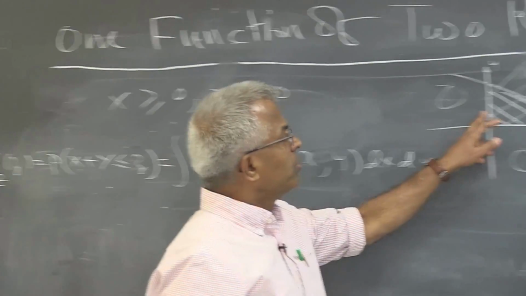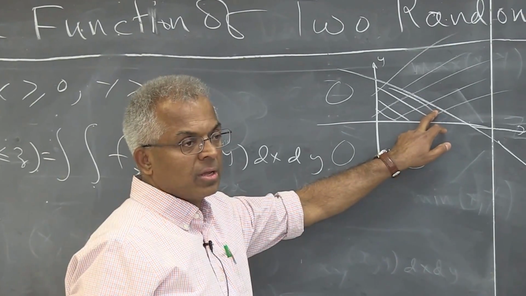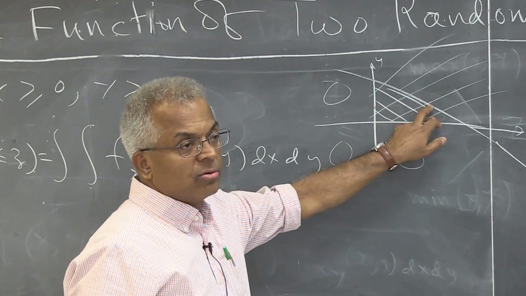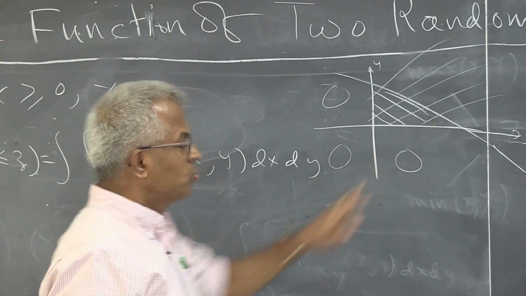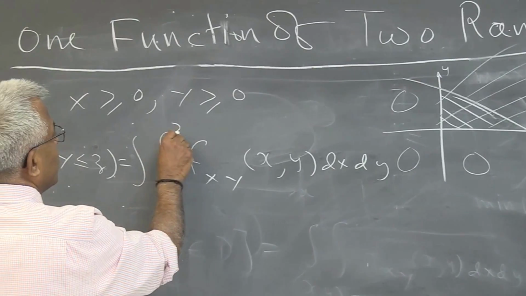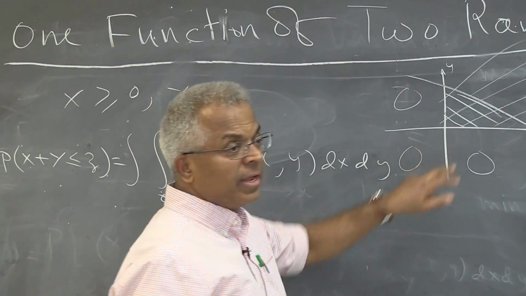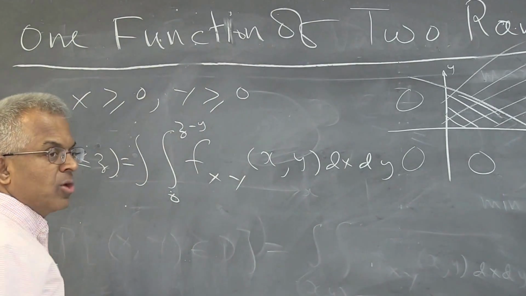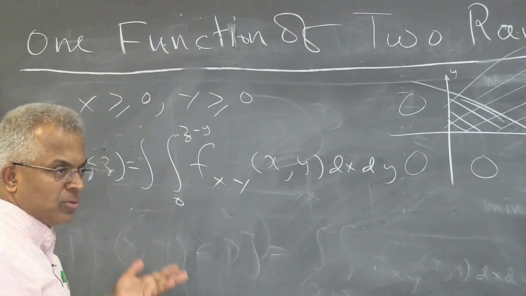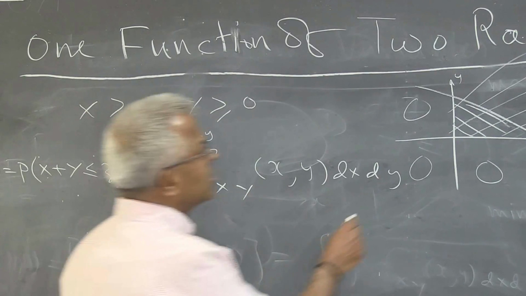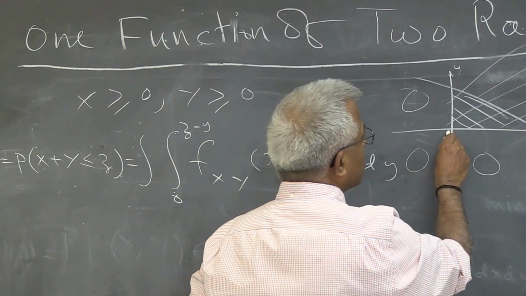Anyone? You could take a horizontal strip, which goes from 0 to z minus y, right? And on y, it's not minus infinity to plus infinity, it depends on the problem. So here it's only 0 to z.